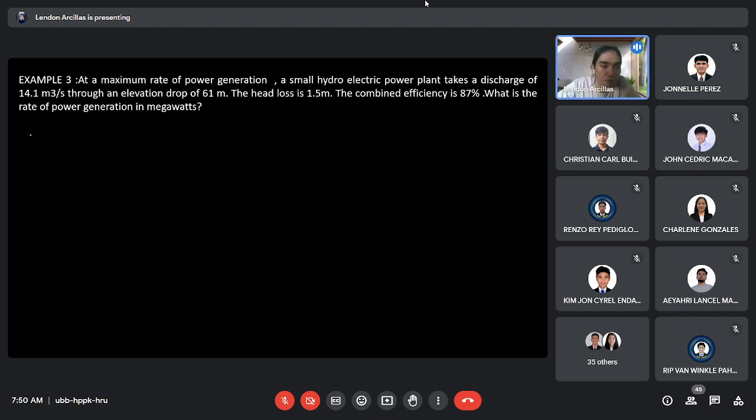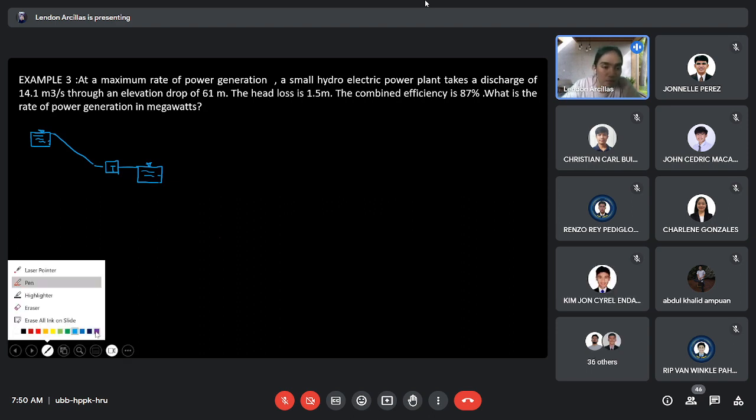Okay, so let's draw first yung illustration dito. So it says here that at maximum rate, there is a waterfall that converts energy from turbine to electricity.